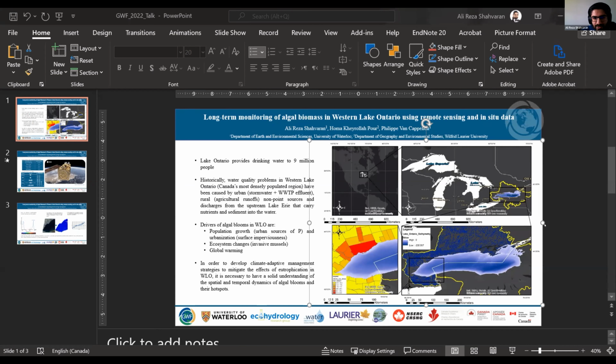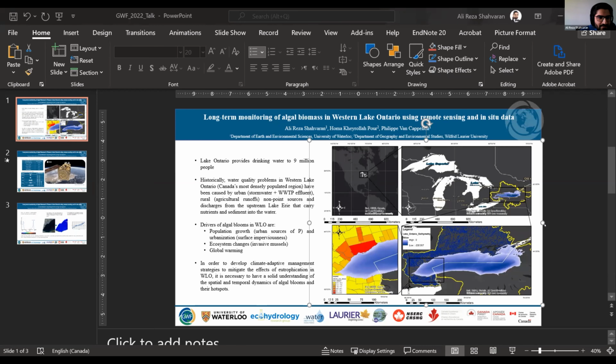Drivers of algal blooms in this region are mainly population growth and urbanization, ecosystem changes, and global warming. And in order to develop climate adaptive management strategies to mitigate the effects of eutrophication in Western Lake Ontario, it is necessary to have a solid understanding of the spatial and temporal dynamics of algal blooms and the hotspots in this region.